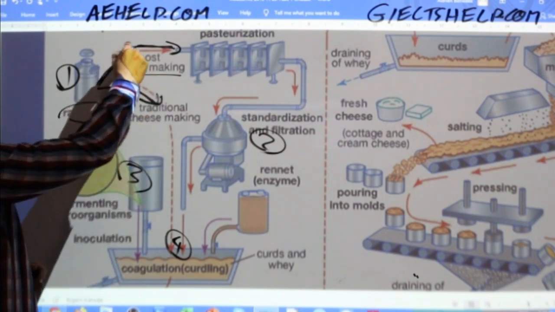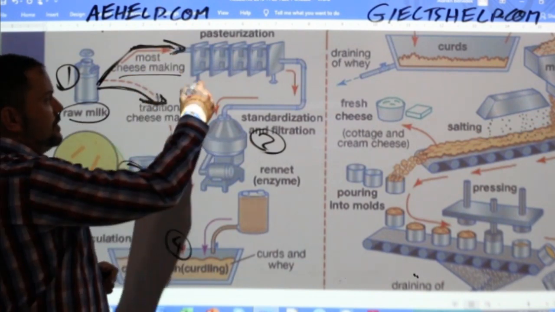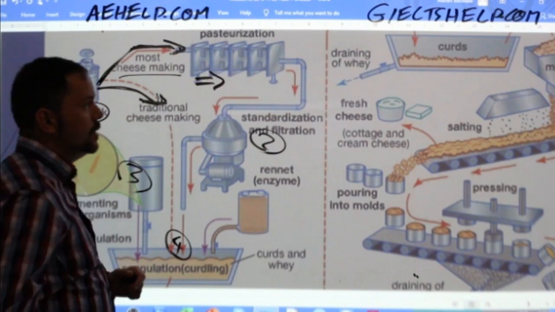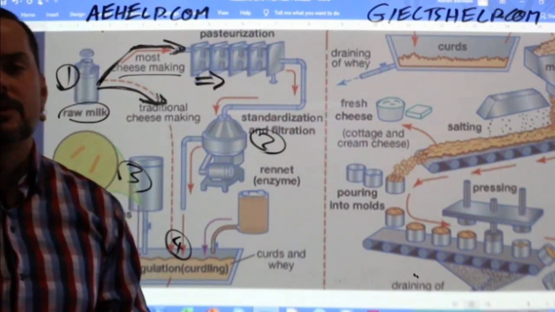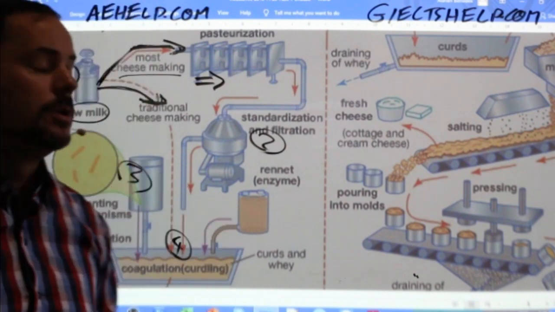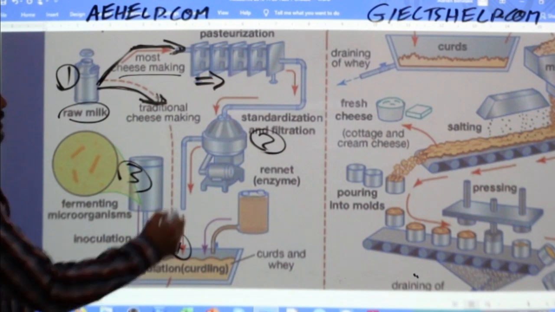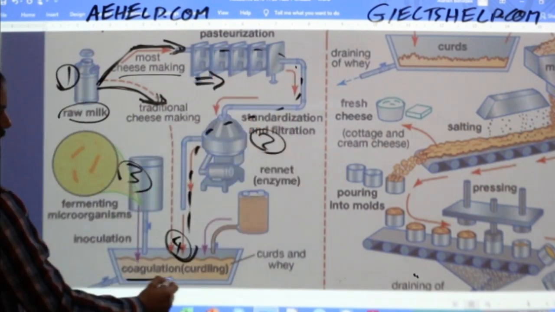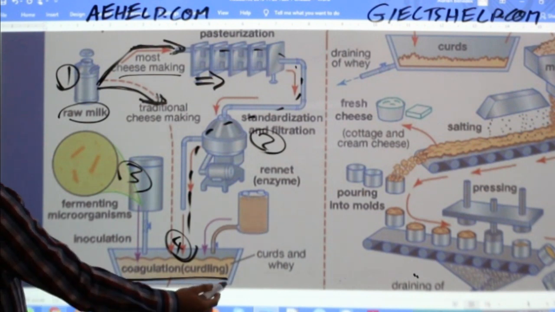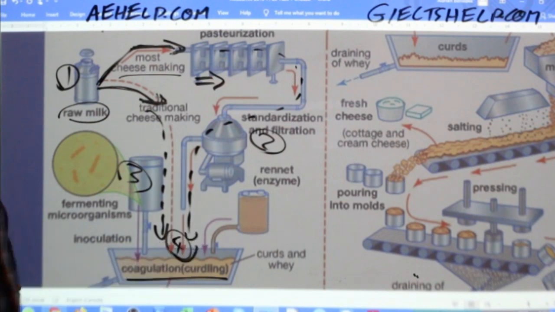When you have this separation, right away, you should be thinking of a correlative conjunction. What correlative conjunction is very useful in this scenario? Okay, now notice how this way we come back to this coagulation and curdling, and in this direction we also come to this coagulation and curdling.